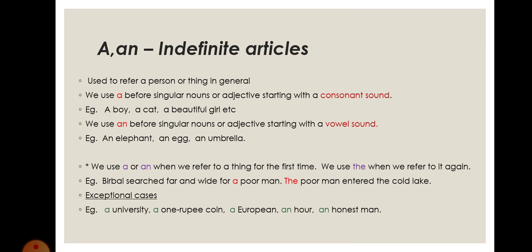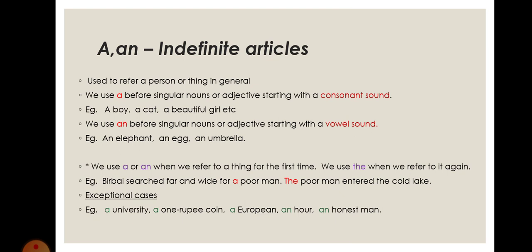But how we pronounce it, it is not "uh-niversity", it is "you-niversity". So the starting sound is the "y" sound. The "y" sound is a consonant sound, so obviously we should use "a" in front of university instead of "an".